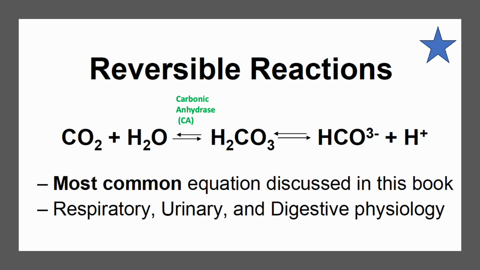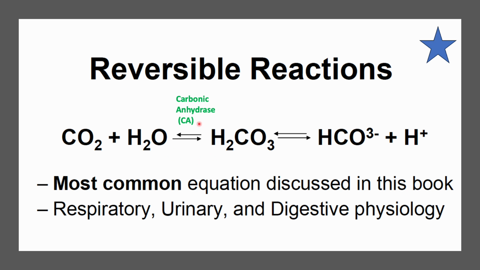We also have reversible reactions. These reversible reactions are very important and very prevalent throughout the human body. Here we have a reversible reaction that by the end of Anatomy and Physiology 1 and 2, you will know by heart. We take CO2, carbon dioxide, and water. They give us carbonic acid, which will then give us bicarbonate and hydrogen ion. This is a reversible reaction because it can go in either direction.